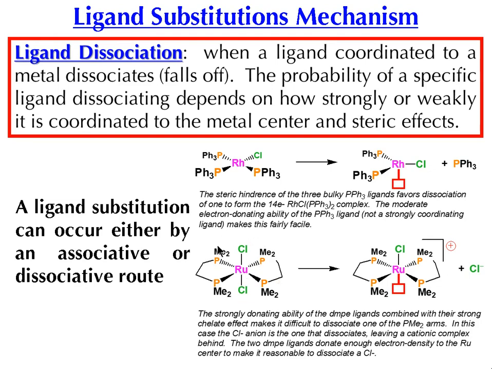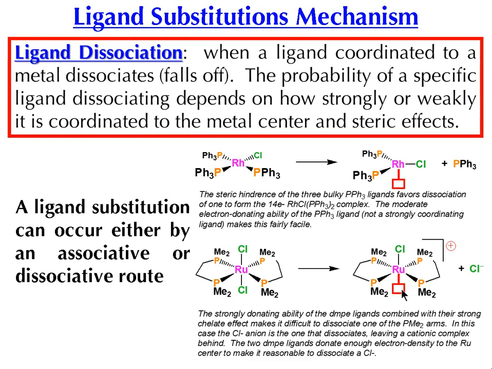The structure is also bulky due to the presence of these groups. In this case, ruthenium will dissociate Cl- to open a vacant site, and the complex is positive in order to maintain the oxidation state of ruthenium unchanged.